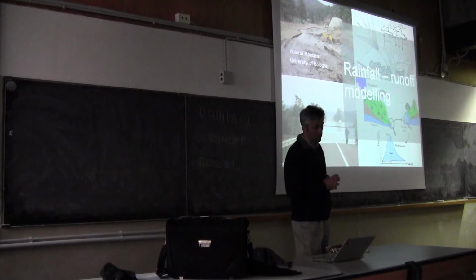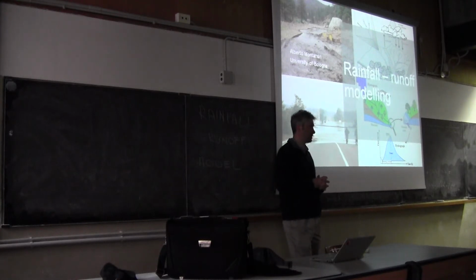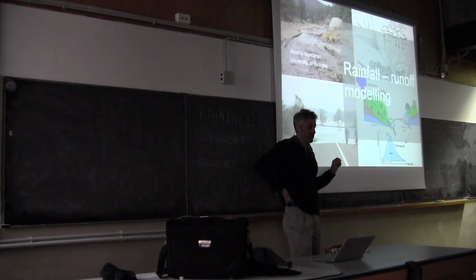Among the uses of rainfall runoff models, there is also forecasting. Forecasting means real-time prediction of future river flows. This is much different with respect to simulation of past river flows.